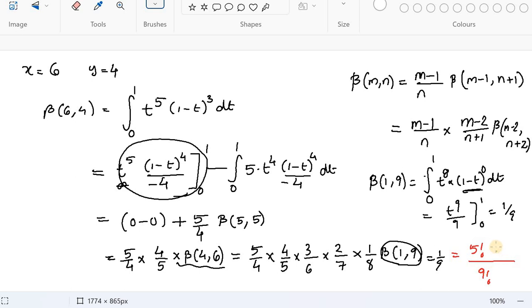So you can put that 3 factorial here. So beta of m comma n is nothing but m minus 1 factorial into n minus 1 factorial divided by, this 9 is actually 6 plus 4 minus 1, so it is m plus n minus 1 factorial.